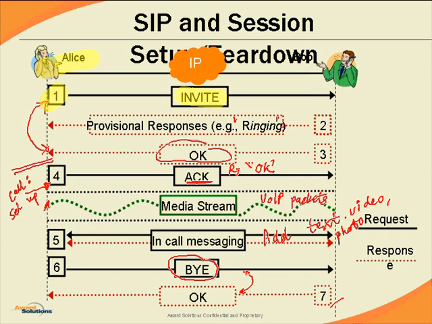Now the call is over. That is a high-level view of signaling exchange between two endpoints. These are all SIP messages. As far as the LTE network is concerned, SIP messages are treated like regular user traffic, so they will be passing through the eNodeB, serving gateway, PGW, and the internet.